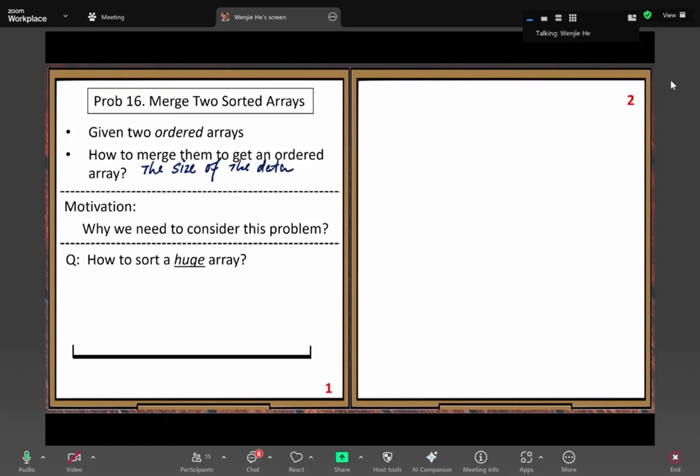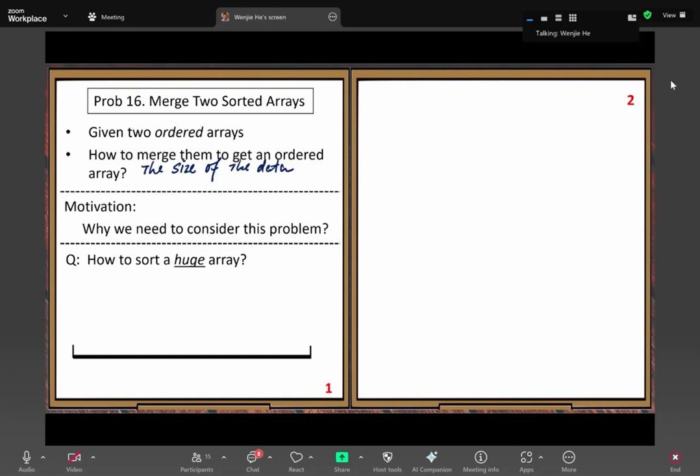You need to store your data first, right? When you do the sorting, you need to use your computer. You need to do the sorting work in your computer, so you need to get your data ready first. You need to put your data somewhere in your computer.